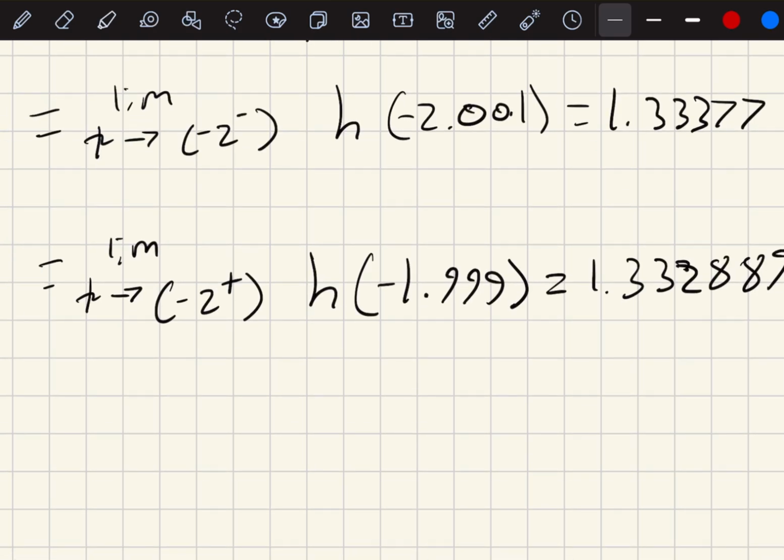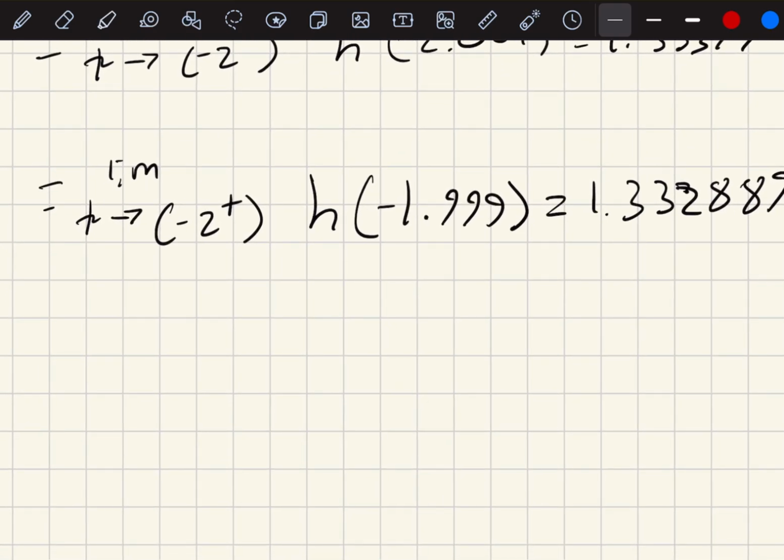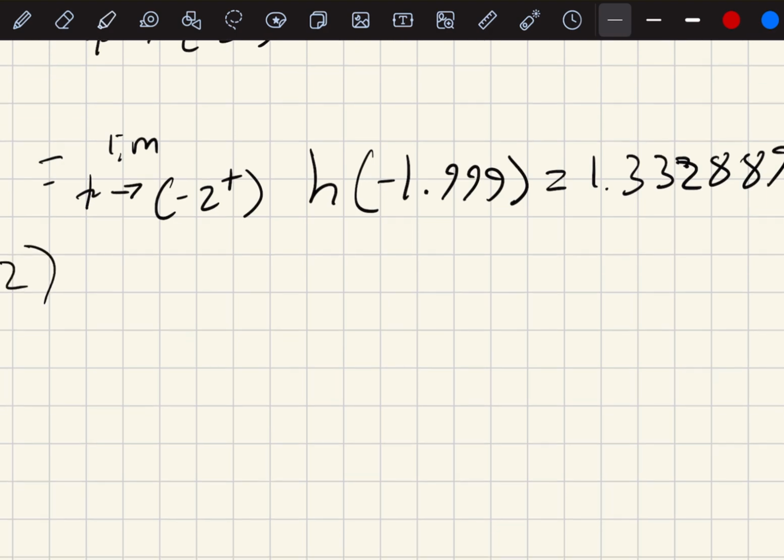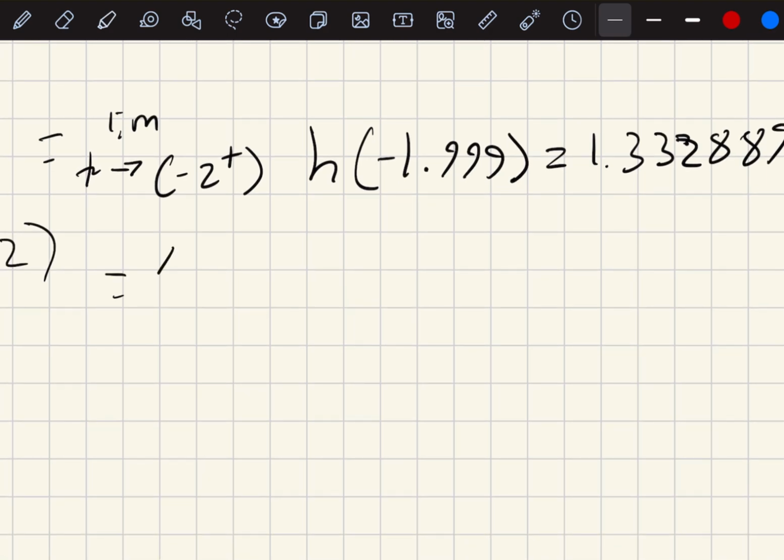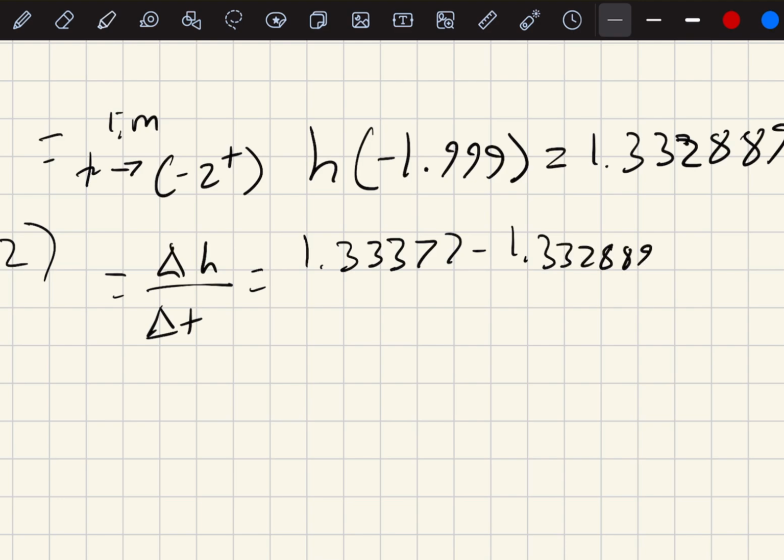Taking both of these values, we'll put those into our second step, which is finding our delta h over delta t. That will be 1.33377 minus 1.332889.